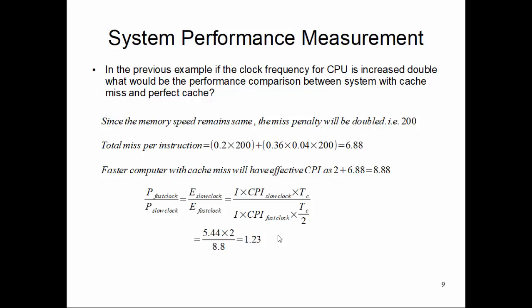If we actually go and improve the CPU clock frequency, then we actually improve better. I'd say your performance difference between an ideal system versus a system with a stall, the difference would be less. Now in this case it's 1.23x, but compared to the previous problem, it was 2.72.